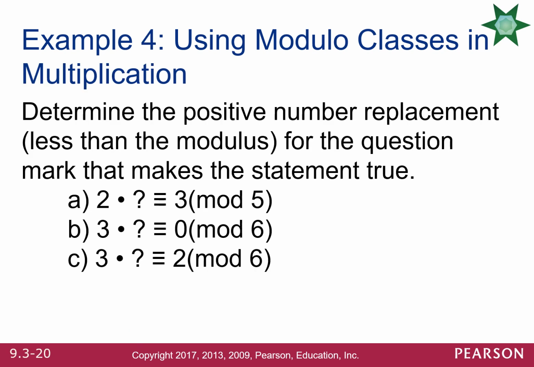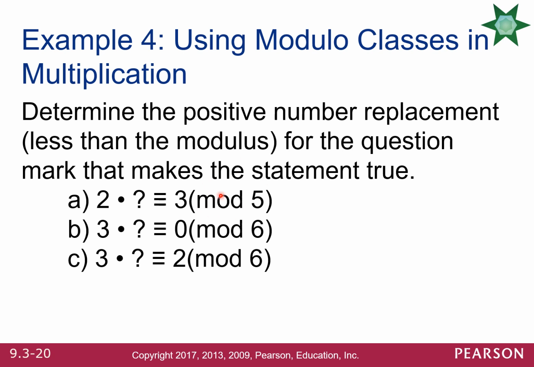Now let's look at some problems which involve multiplication of modulo classes. It says here, determine the positive number replacement less than the modulus for the question mark that makes the statement true. So 2 times question mark is congruent to 3 mod 5.